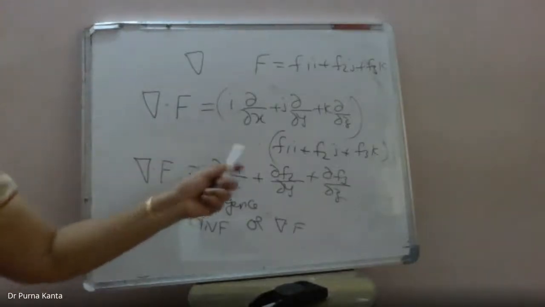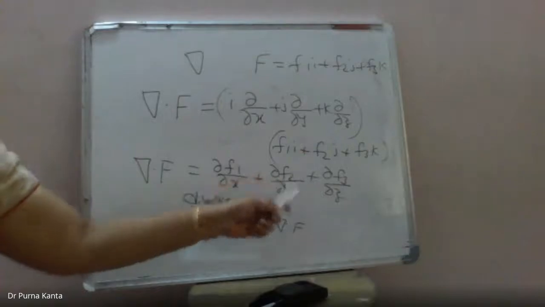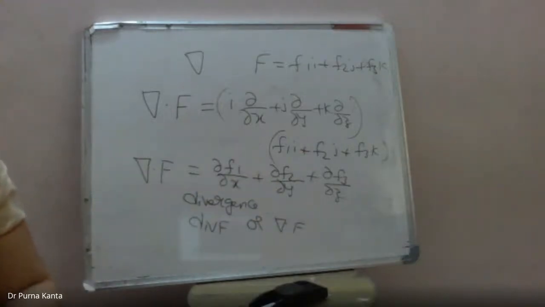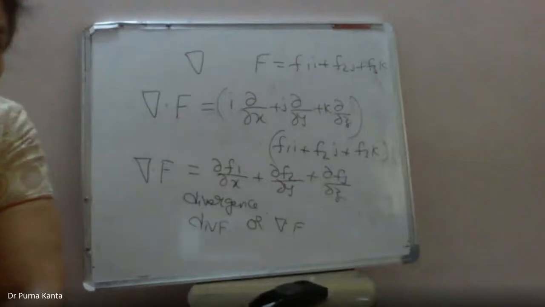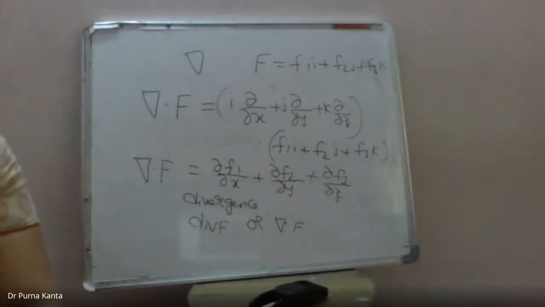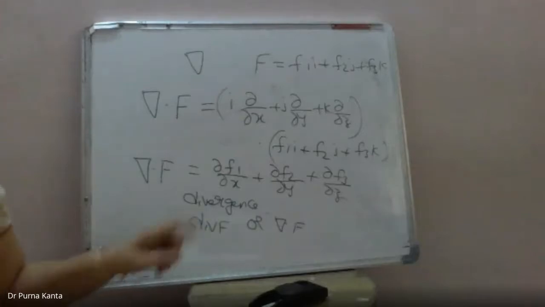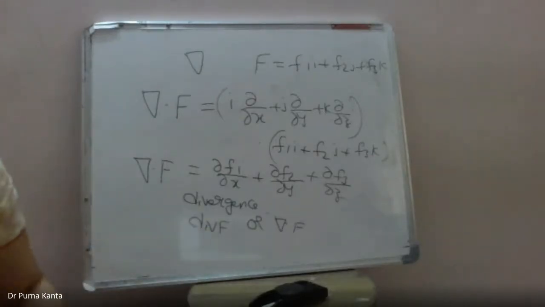Which is equal to dou f1 by dou x plus dou f2 by dou y plus dou f3 by dou z. This is called divergence of f and is written as div f.